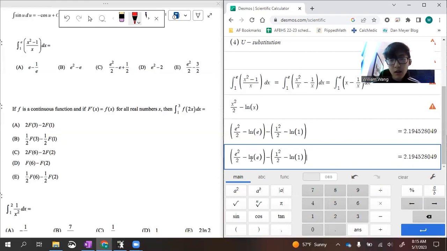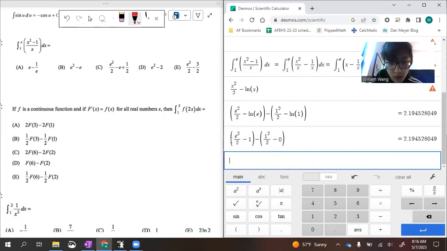Ln of e, remember, ln is base e. You can imagine there's a base there that's e. So ln of e simplifies to 1. Ln of 1, a natural log of 1 is going to be 0, because ln is base e, and e to the 0 is equal to 1. So it's 0.